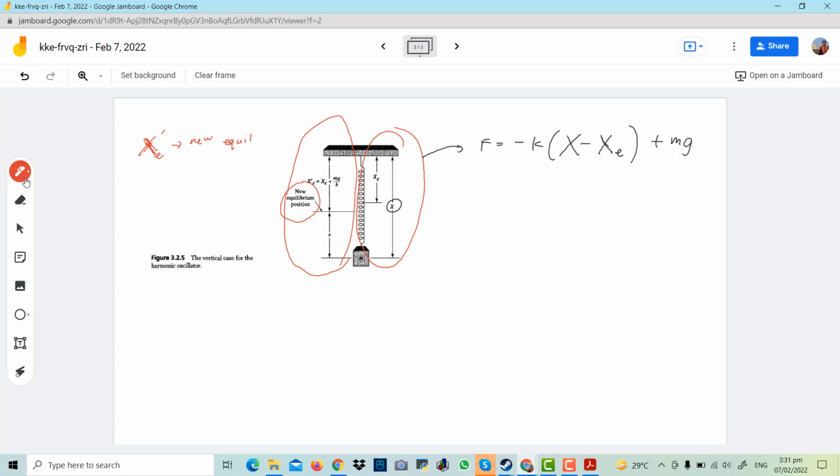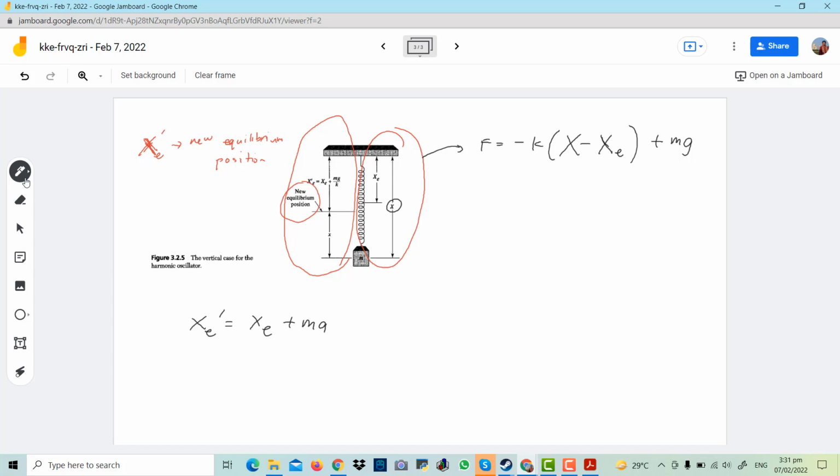Take note, new equilibrium position is katong gibutang na nimo ang mass sa spring. Okay? Now, so the xe prime here, the new equilibrium position can be written equal to this, right? Xe plus mass times gravity.